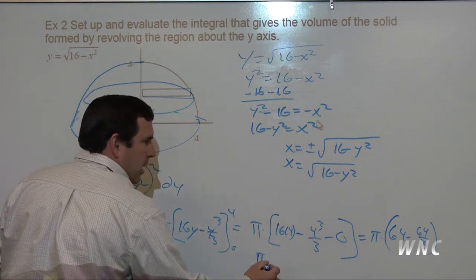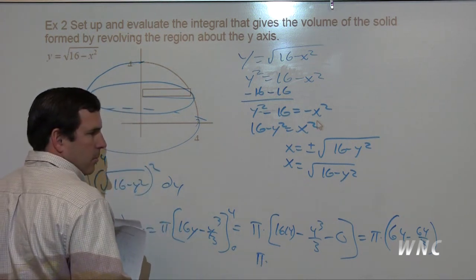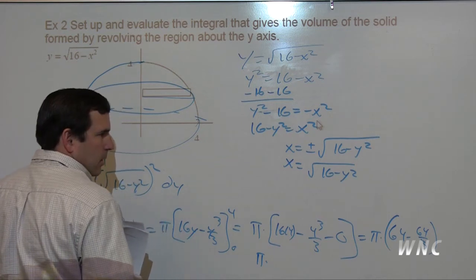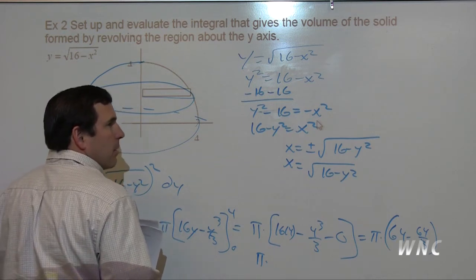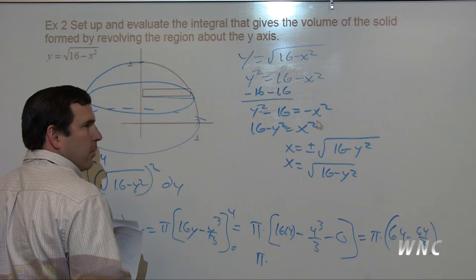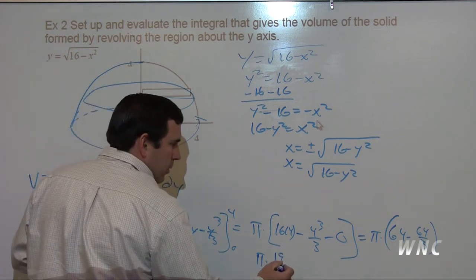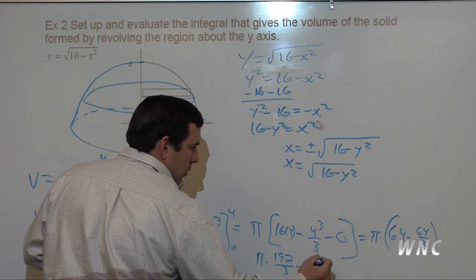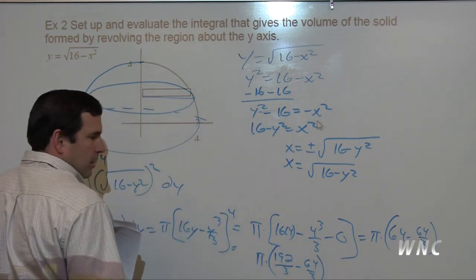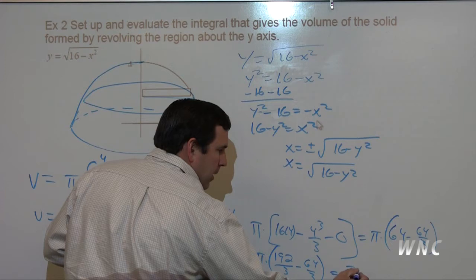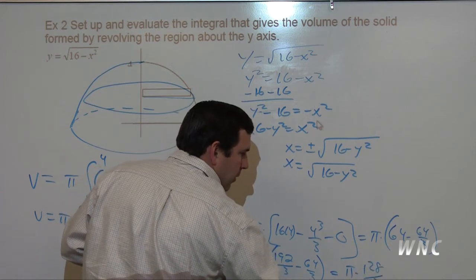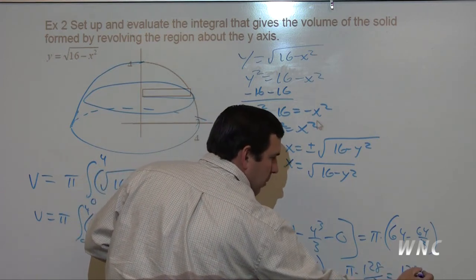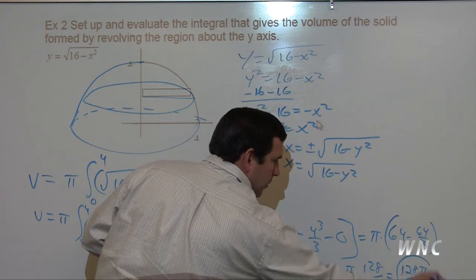That's pi times, let's see, 64 times 3 is, I want to say, 192. And that's going to come out to be pi times 128 over 3. So it's 128 pi over 3.